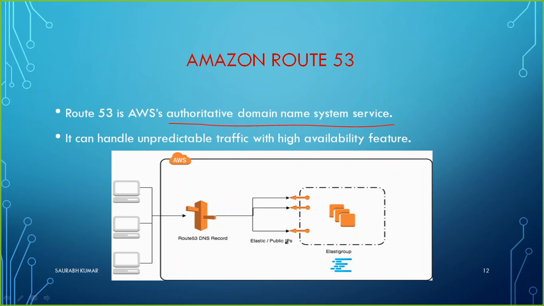Maybe they are running an elastic public IP address, and that IP address will be resolved with the help of Route 53. Here we have an elastic group where we have multiple instances running. Maybe you can have the same IP for them, or multiple IPs for them. That depends on the scenario and the company requirement.